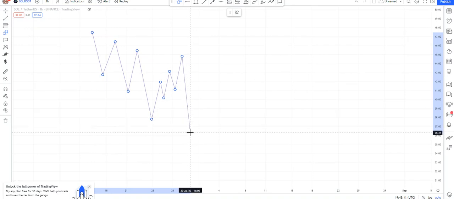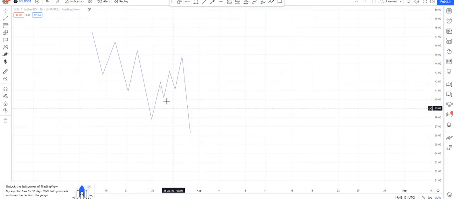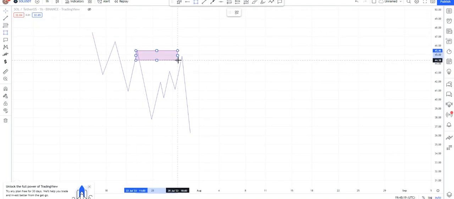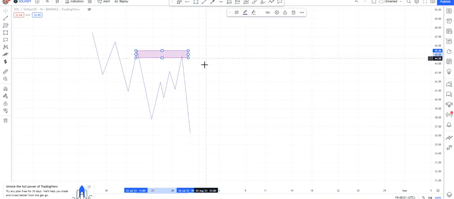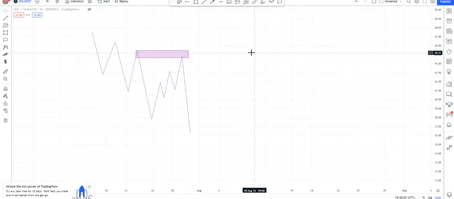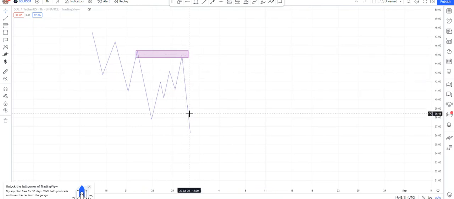Something like this happened. So there was somewhere in structure, let me assume that maybe this is another block inside here. Okay, so it got mitigated. And after it got mitigated, price aggressively moved lower.